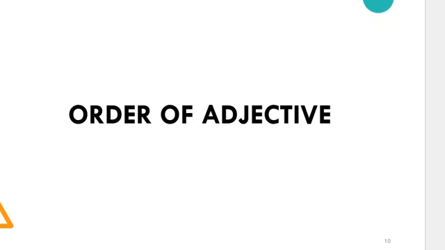Then we discuss its age, whether it's new or old. Then its color, then origin, where it belongs to, whether American, British, or Australian. And then the material of a thing, what it is made of, whether iron, stone, copper, plastic, or gold. Then we discuss its type, whether it's electric or something like this. And then the purpose of the thing. For example, small white car, attractive old building, famous Italian opera singer.